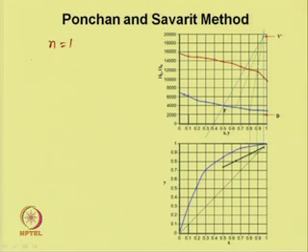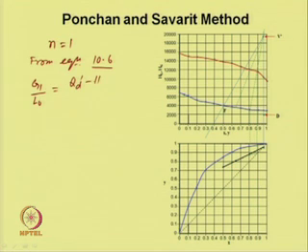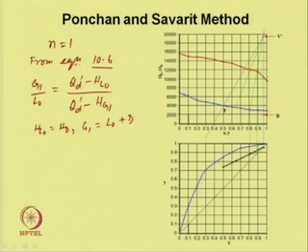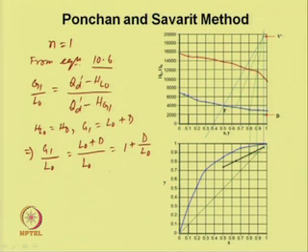Let us consider in our earlier equations n is equal to 1, and then we will get from equation 10.6 G_1 by L_0 would be equal to (Q_d' minus H_L0) divided by (Q_d' minus H_G1). Note that H_L0 is equal to H_d and G_1 is equal to L_0 plus D. So, then G_1 by L_0 would be (L_0 plus D) divided by L_0, which is equal to 1 plus D by L_0, which is equal to (Q_d' minus H_d) divided by (Q_d' minus H_G1).